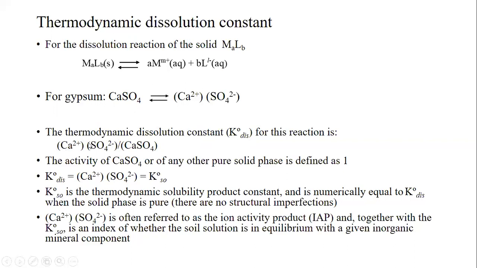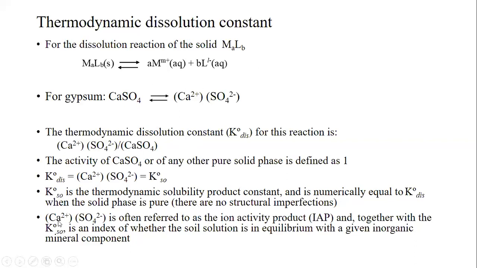That's why we call it that, but it's numerically the same. We're talking about the same thing, but the naming is slightly different because we removed this one. So it became the multiplication of the activities of calcium and sulfate. So the thermodynamic solubility product constant is numerically equal to K0 of the solution, when the solid phase is pure, with no structural imperfections. I already talked to you about that.